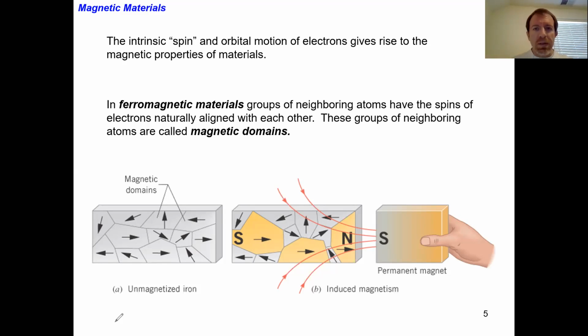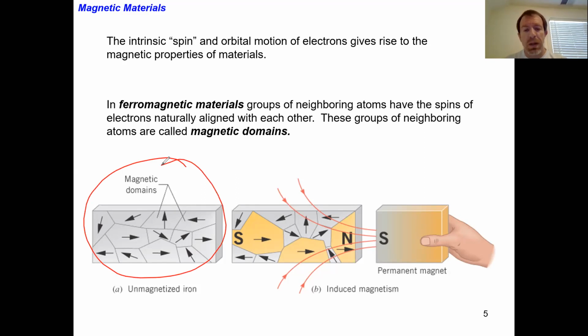That's what we've got on the left-hand side of this particular drawing. We've got a whole bunch of what are called magnetic domains, where the spins are lined up in the same basic direction inside those domains. What we can do with this unmagnetized hunk of iron is bring a really strong permanent magnet near it, and that will cause a lot of those magnetic domains to realign, and will magnetize that piece of iron.